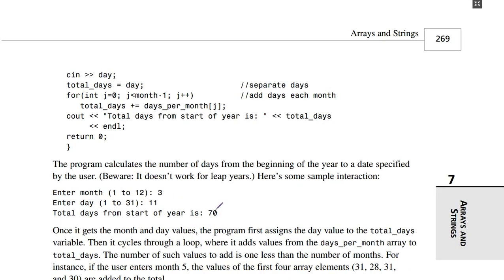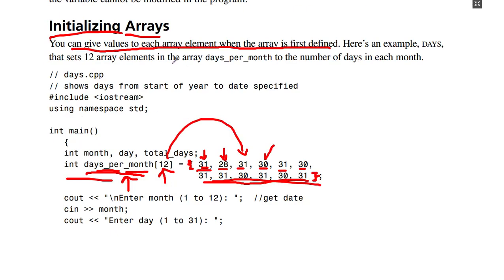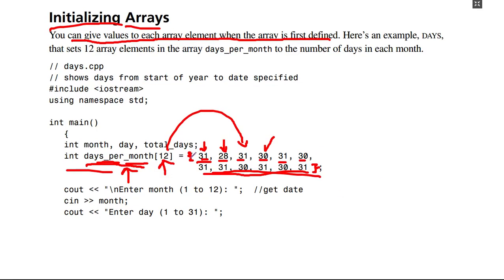You can go through this program to see what is being done here, but the point I wanted to explain is that you can initialize the elements of an array this way. Since you wrote 12 numbers, this size thing becomes unnecessary. You can see 12 elements, and the 12 elements are equal to these numbers.